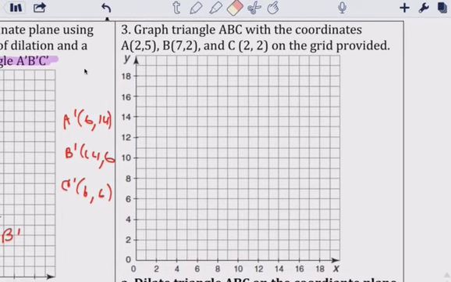Okay, (2, 5). That's A. (7, 2) and (2, 2).